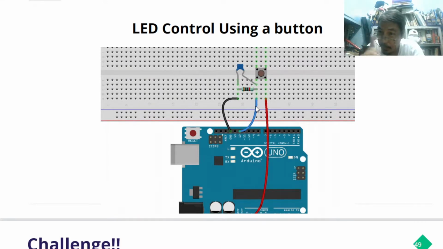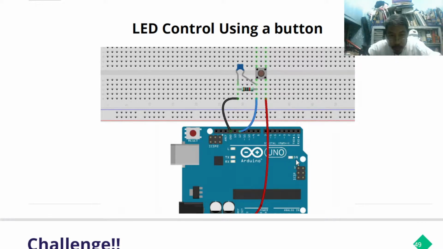So the program is in error. We use pin number 13 in the program. Pin number 13 is actually the internal LED. So there is an internal LED here. I think this is the internal LED. It will blink.